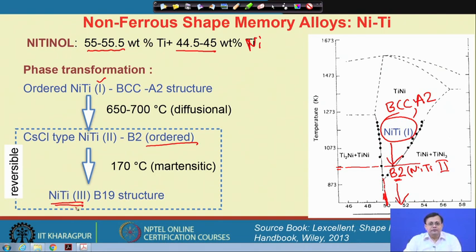The shape memory effect that is achieved in this composition range lies in this particular reversible transformation, because here there is a cesium chloride type of structure, which is the parent austenite structure that transforms martensitically to a B19 structure, and once again if you reheat the B19 structure, it will be transformed back into the B2 type of ordered structure.